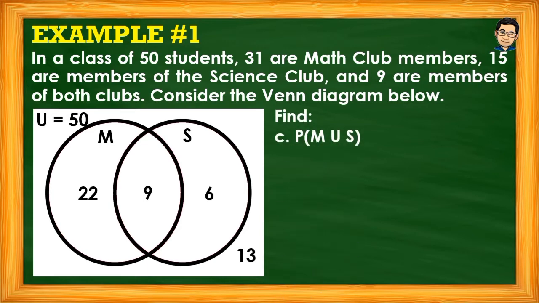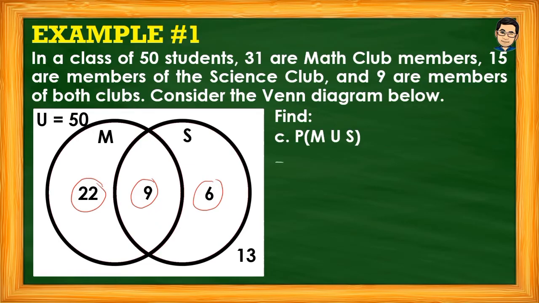What about naman yung the probability of M union S? Okay, so paano natin gagawin yan? So, lahat ng mga numbers na nasa loob ng two overlapping circles ay i-add lang po natin.